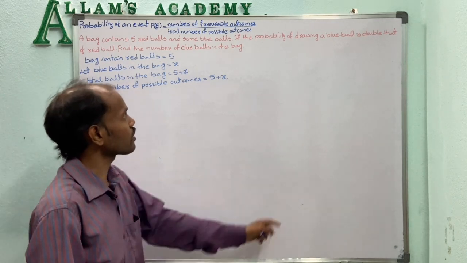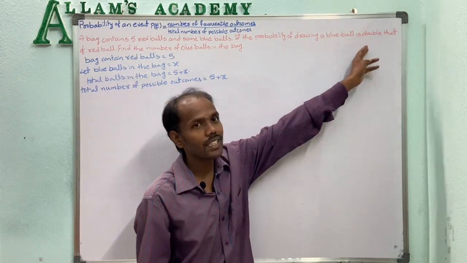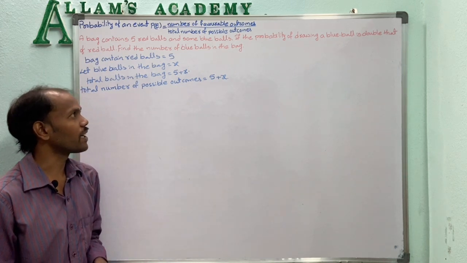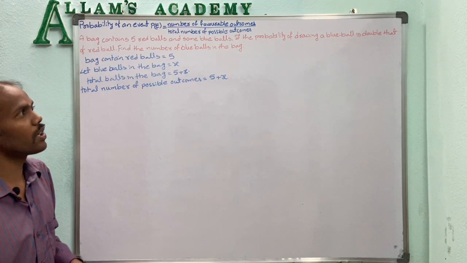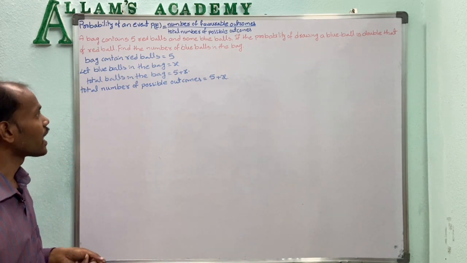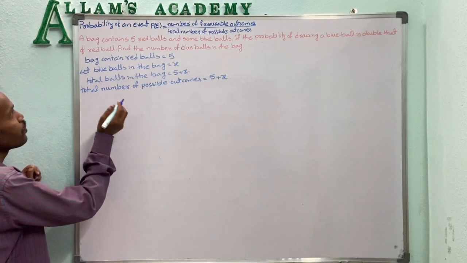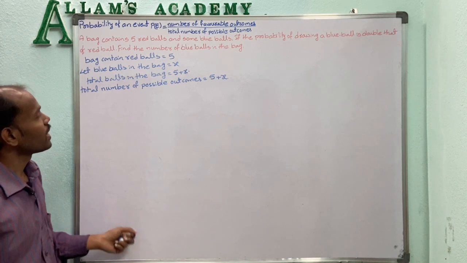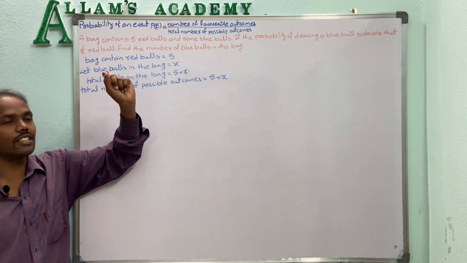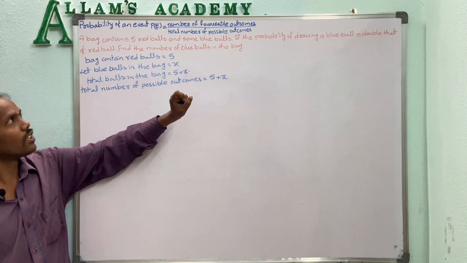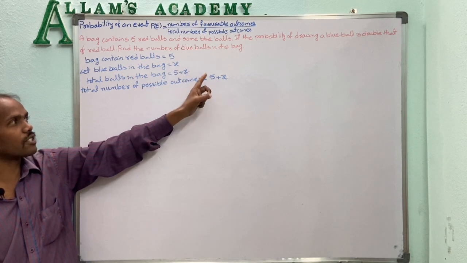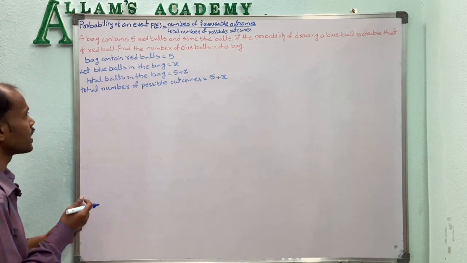Now it is asked that the probability of drawing a blue ball is double that of a red ball, that is given. That means we have to find the probability of drawing a blue ball and the probability of drawing a red ball. So if a blue ball is drawn, its favorable outcomes are x. So the probability is favorable outcomes by total number of possible outcomes, that is x by 5 plus x.